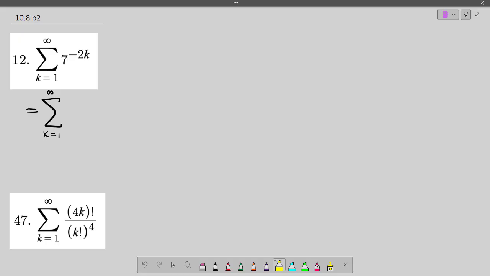Remember that when you have a multiplication of exponents, you can turn it into a power. So you can rewrite this as 7 to the -2 to the k. Those are equivalent. And then we can take the reciprocal of that base. So we would end up with 1/49 raised to the k power.